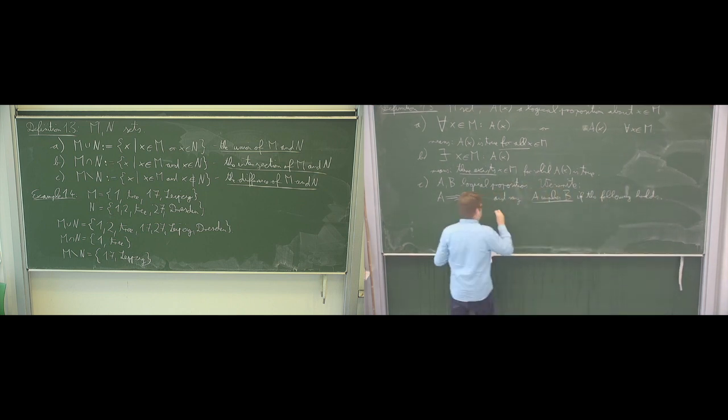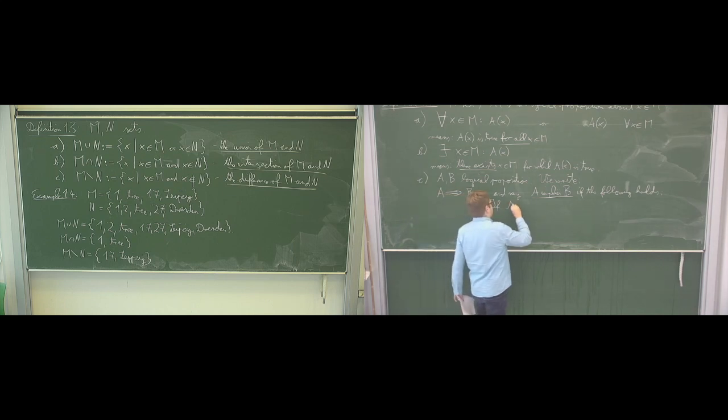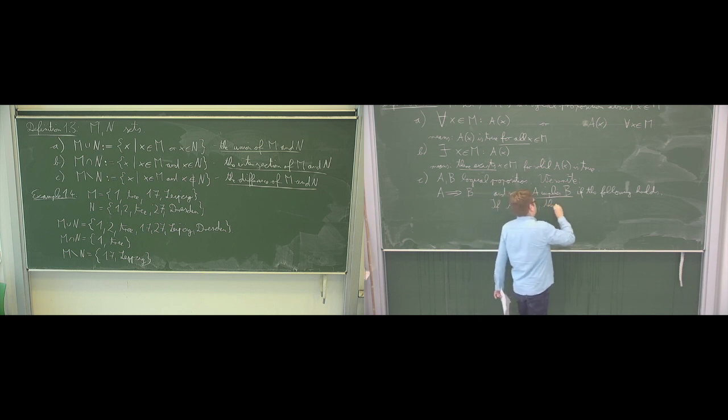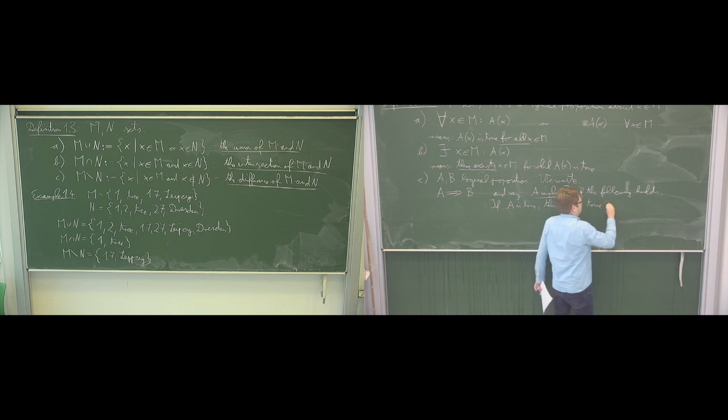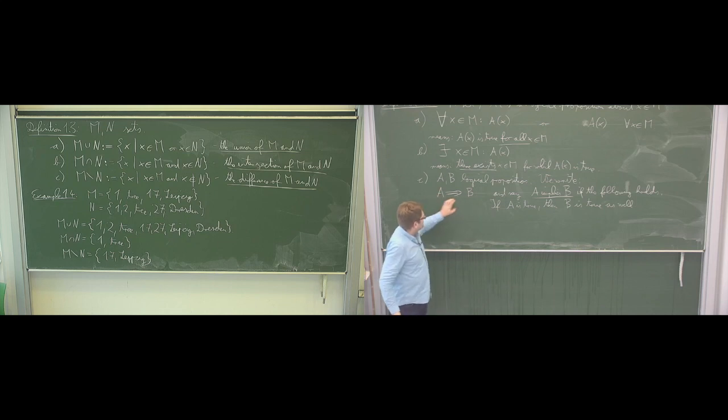If proposition A is true. So this does not make any claim about something being true or false. This just says if A is true, then B is true as well. So we don't make any claim about anything being true. We just say if this holds, then this holds as well.